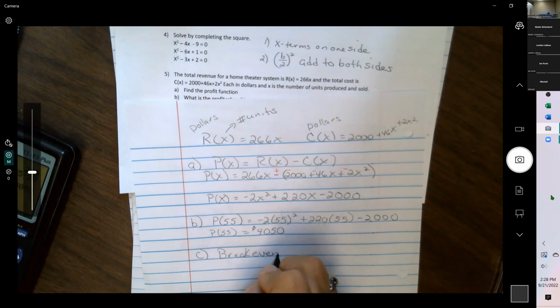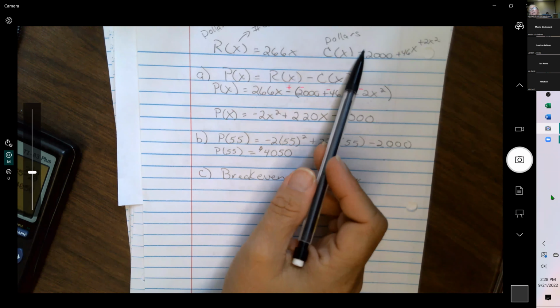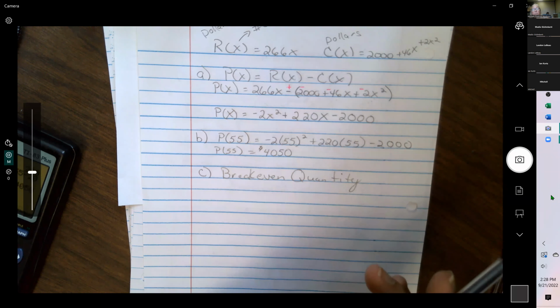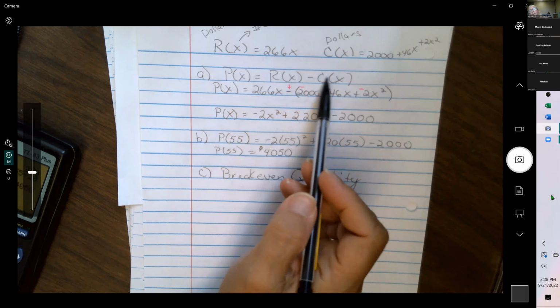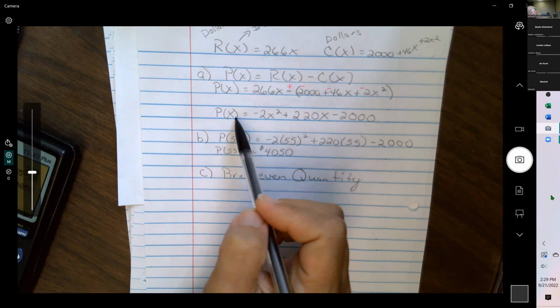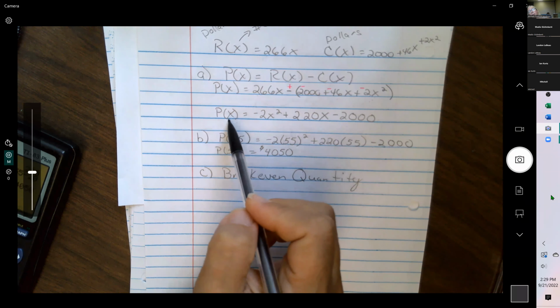Again, from your last test, break-even quantity is two ways. You could either set revenue equal to cost or profit equal to 0. Since you've already combined revenue and costs, it's easier to set profit equal to 0.